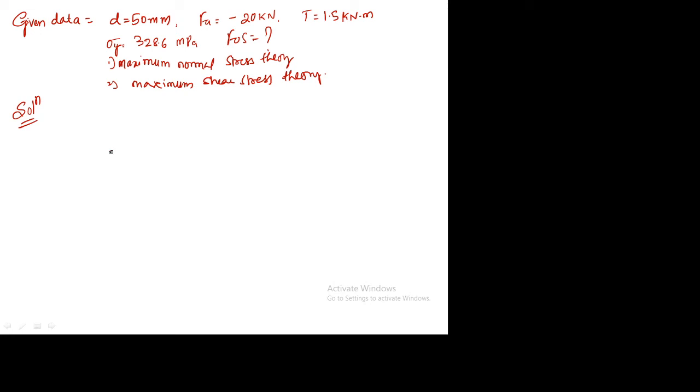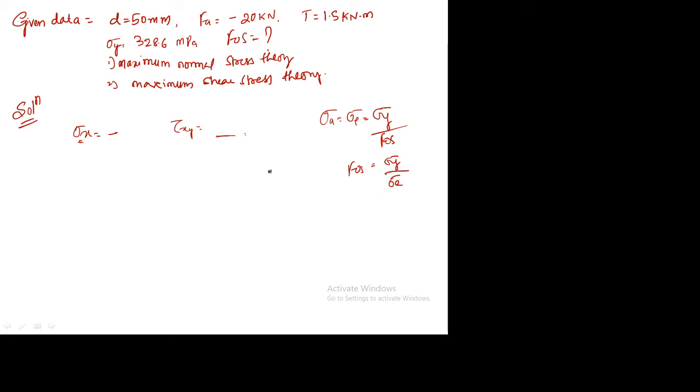Area is given, load is given, so you are going to get sigma x, which is negative. Next, use the twisting moment to calculate tau xy. Now, what is the allowable stress definition? Sigma a equal to sigma e equal to sigma y divided by FOS. So FOS equals sigma y divided by sigma e.